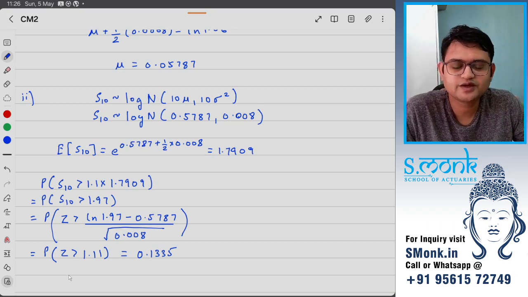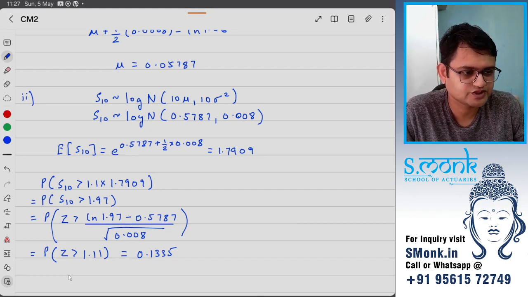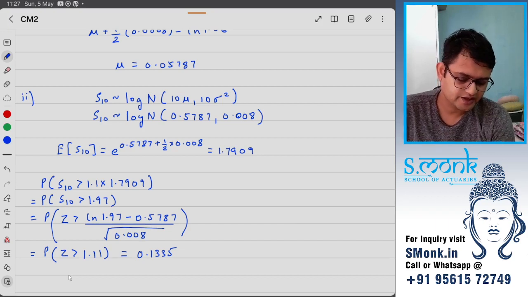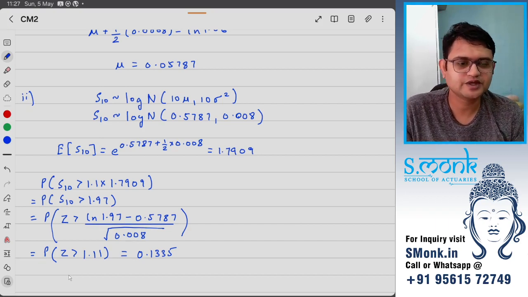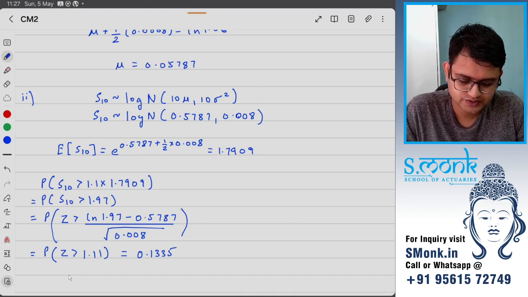If you're giving the examination from India, that is the IAI, then you will have to use the table book. You cannot use RStudio in your Paper A examination. For CM2, Paper B examination is also of Excel, so even in that you cannot use RStudio.